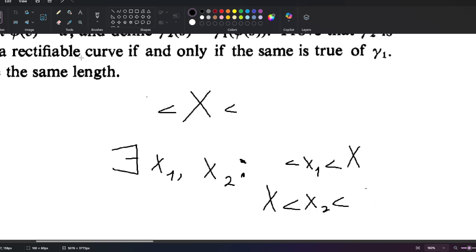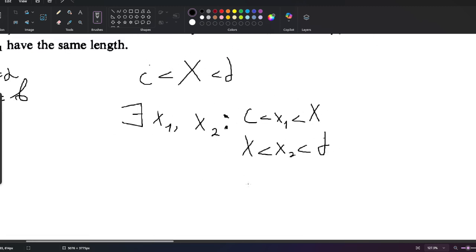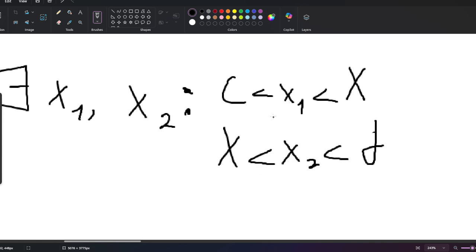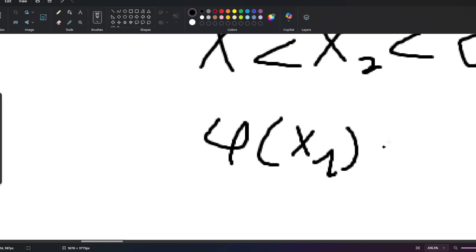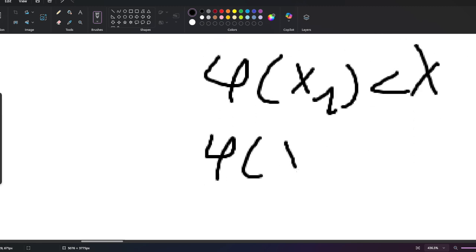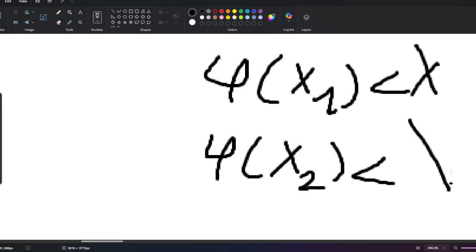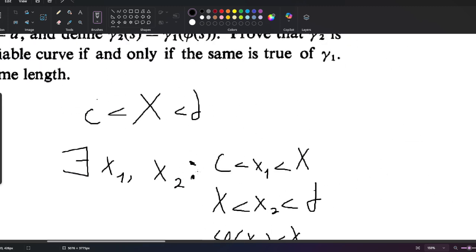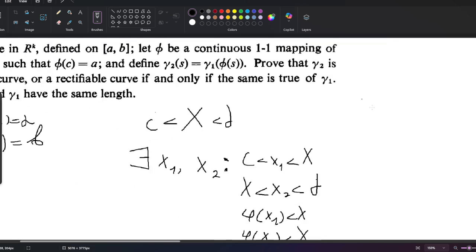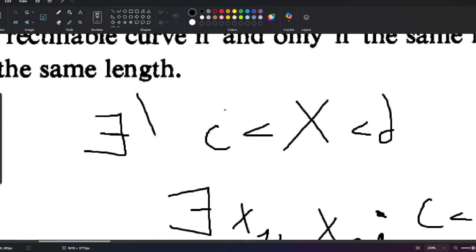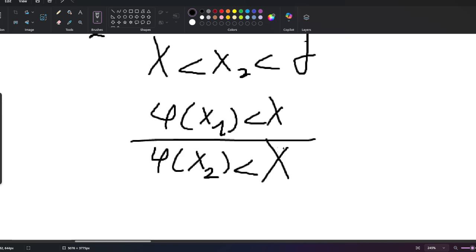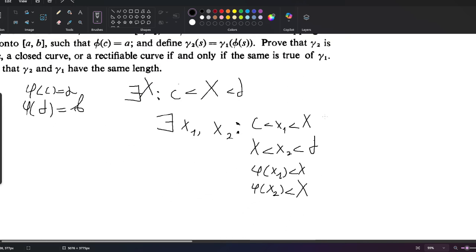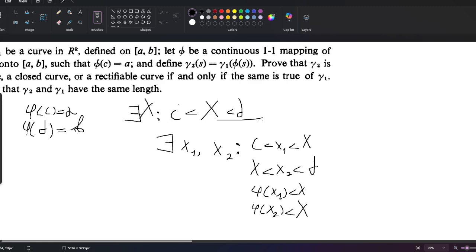Right, so C and D. And let's say that both x1 and x2 are going to have values at phi less than capital X. Suppose that capital X exists like this, such that there exist x1 and x2, both of them lesser than x, and they lie in these two ranges.